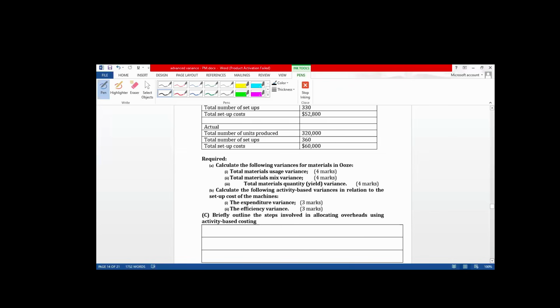Requirements. A. Calculate the following variances for material in Zos: material usage variance, then material mix and material yield.